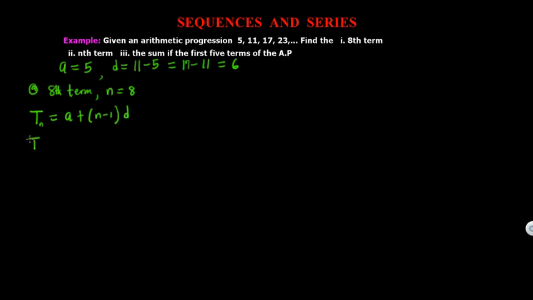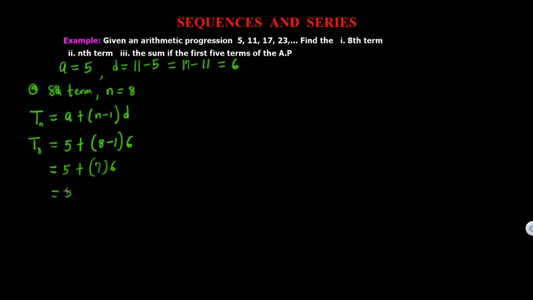So here we have the 8th term, T subscript 8, equals A, which is the first term, 5, plus n, that's 8 minus 1, multiplied by 6. And this gives us 5 plus 7 multiplied by 6.